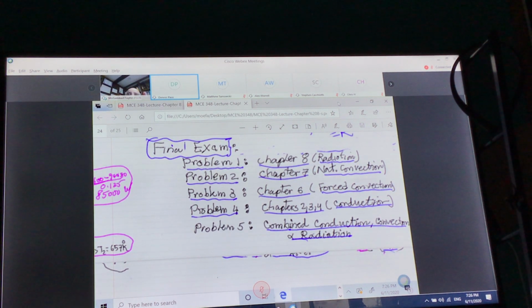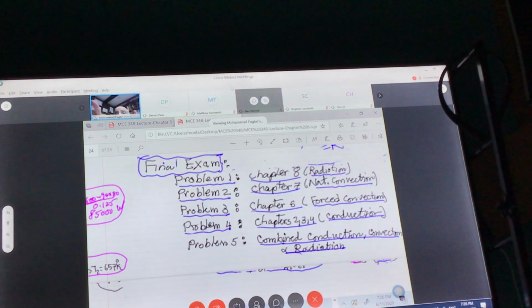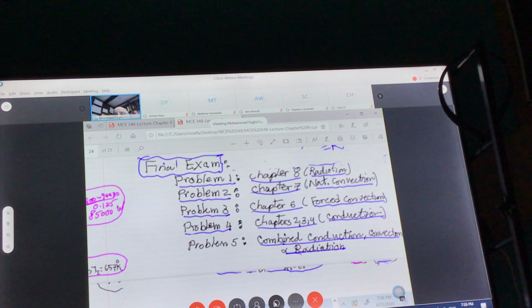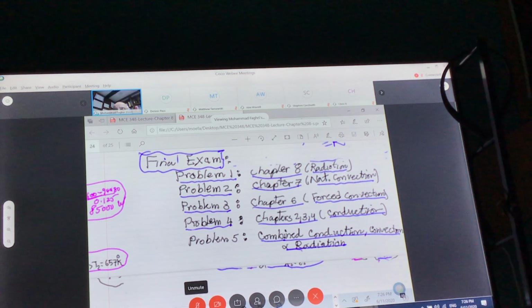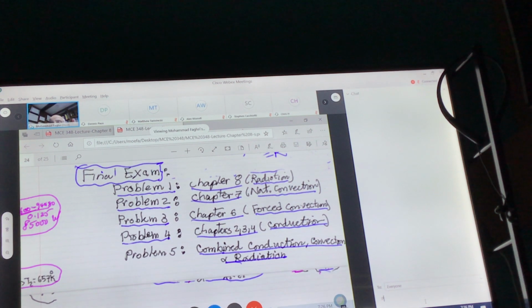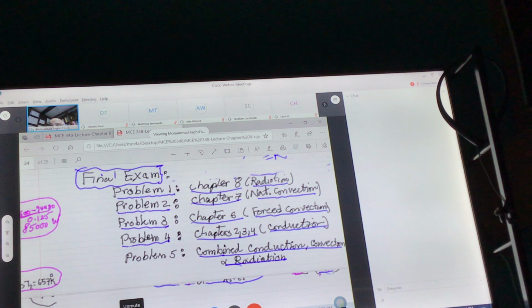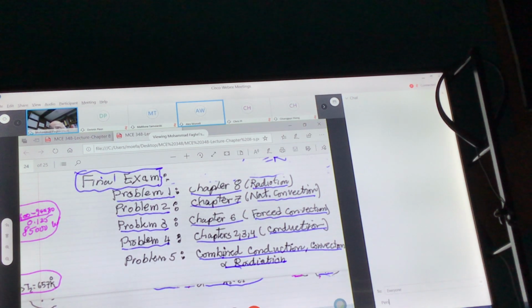What about everybody else? Could you give me feedback right now? Some people are working. I want everybody to be there. I don't want to go through the names. Could you give me feedback if you agree with this proposition? Yeah, I think it'd be better if the exam was earlier also.